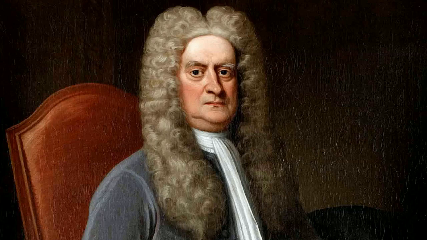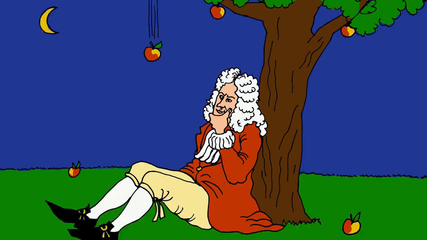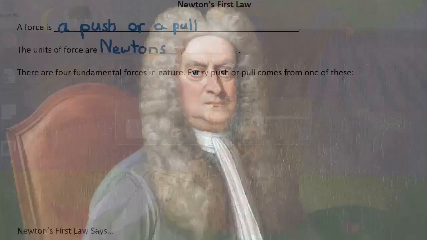And the story you may have heard about him is that he was sitting under an apple tree thinking about physics. Apple fell down, hit him on the head, and it gave him the idea for gravity and how it worked. Now, that story is almost certainly not true.